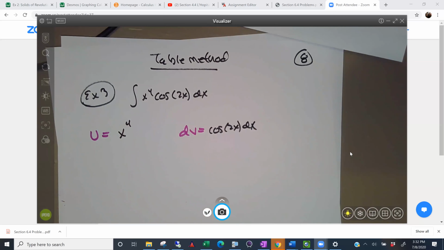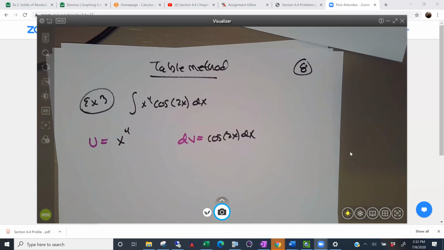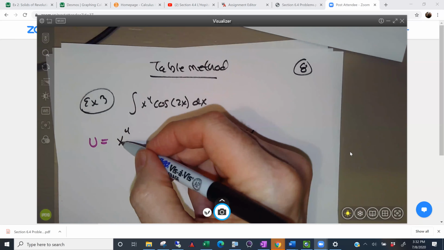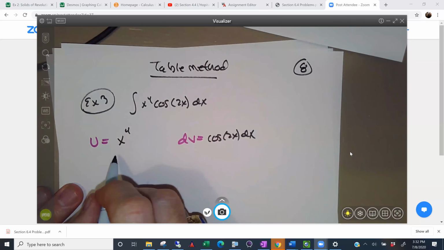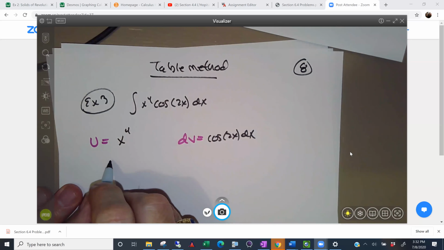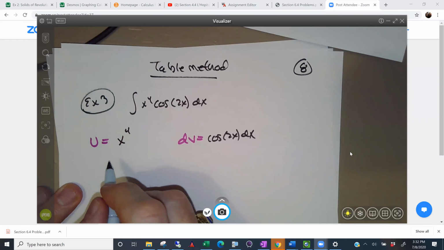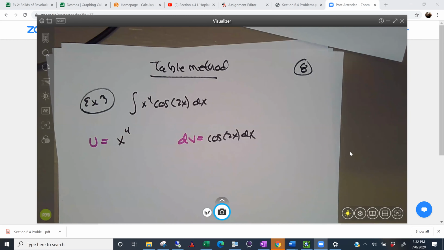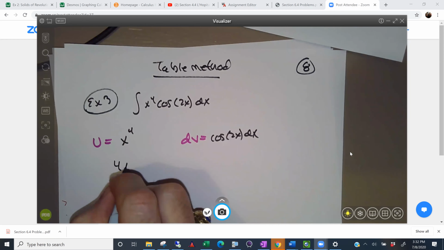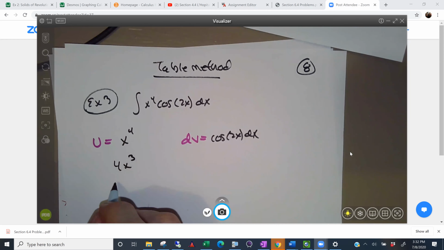Now, what's going to happen when you differentiate here? Let's just list the derivatives. What's the first derivative? Michael? 4x cubed. Try another one.